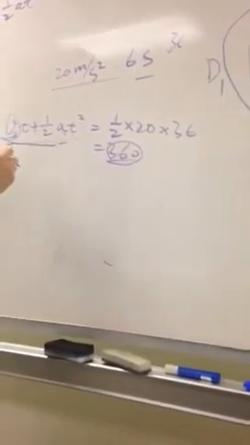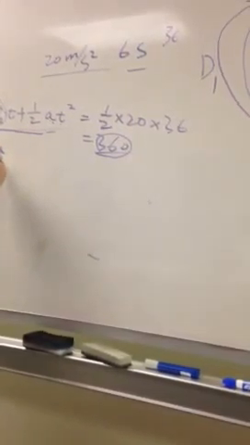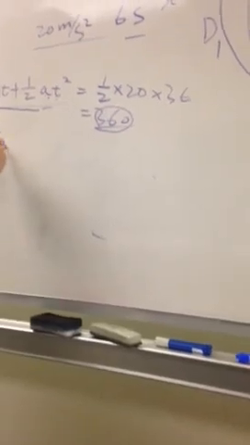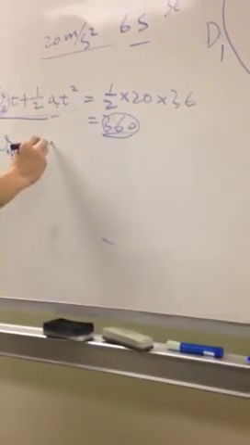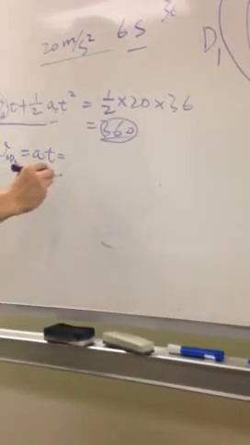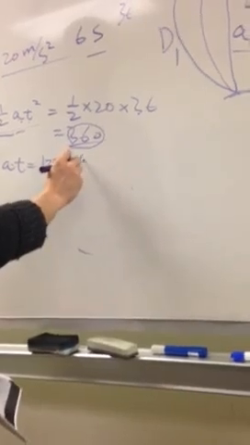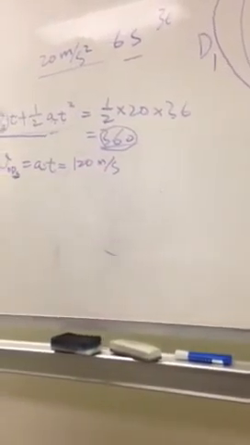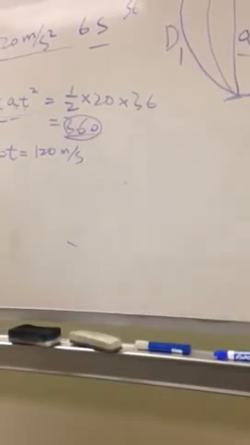Here, the second initial velocity for D2 is AT. That is 120 meters per second. So when the motor stopped working, the speed of the rocket was 120.